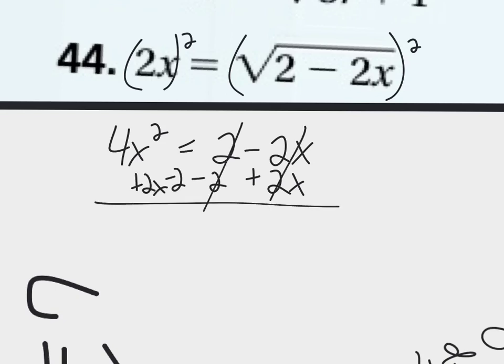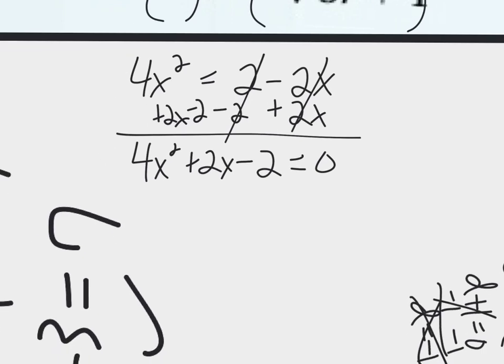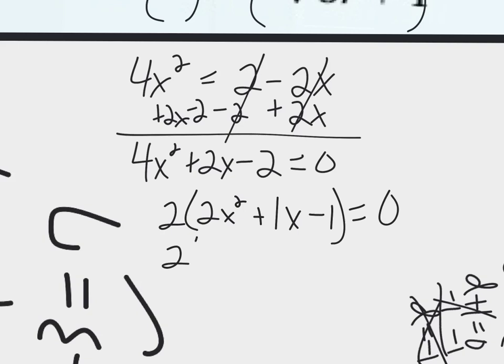So once again, I'm going to set this equal to 0. If you want to do that in a couple of steps, you can. This one does have a greatest common factor of 2. So we can factor that out, give us a little bit of smaller numbers to work with.